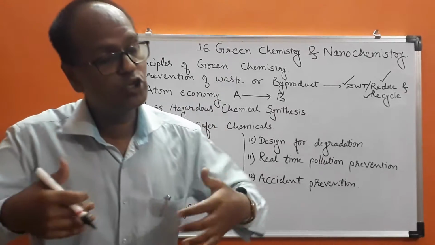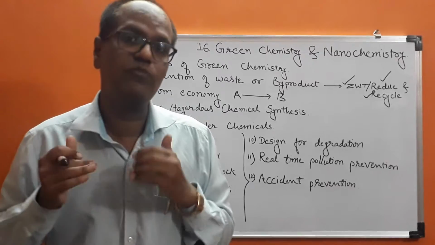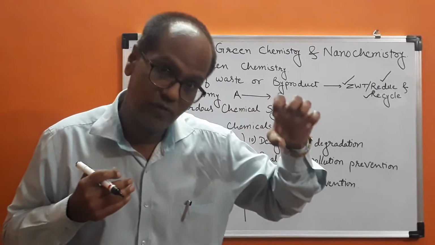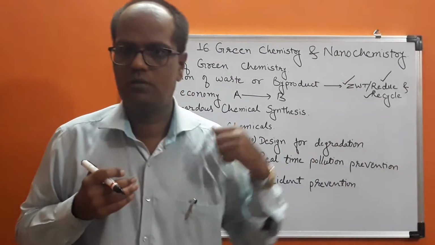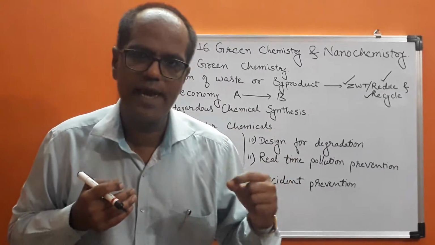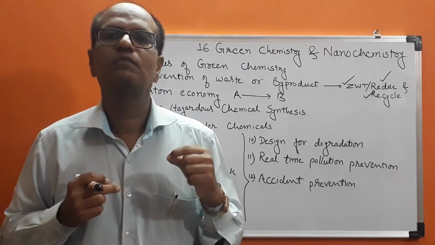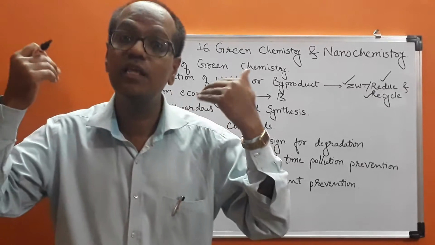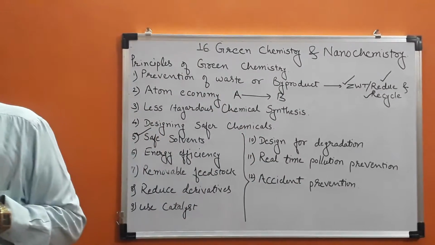It is naturally available. You need not prepare it. Instead of water, if you are using alcohol, then alcohol you need to prepare. It means while preparing alcohol, you are going to increase the pollution. Means as far as possible, try to conduct the reaction in such a solvent, for example water, that it will be user friendly, economic friendly and environmental friendly also. Means these safe solvents we need to use.